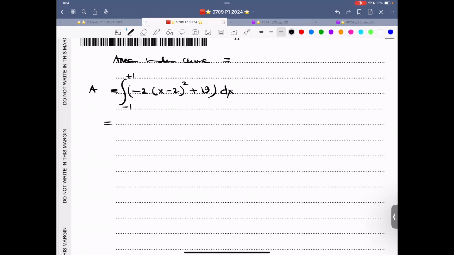So let's use chain rule: minus 2 as it is, (x minus 2), increase the power by 1, divide by the new power. Don't forget to divide by coefficient of x, even if it's as obvious as 1. And this 19 becomes 19x, and the limits are minus 1 and plus 1.